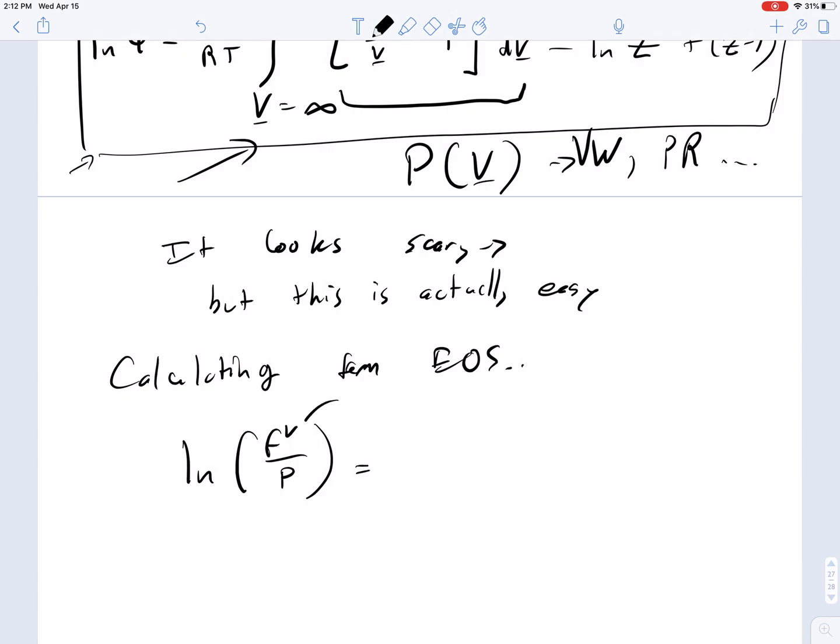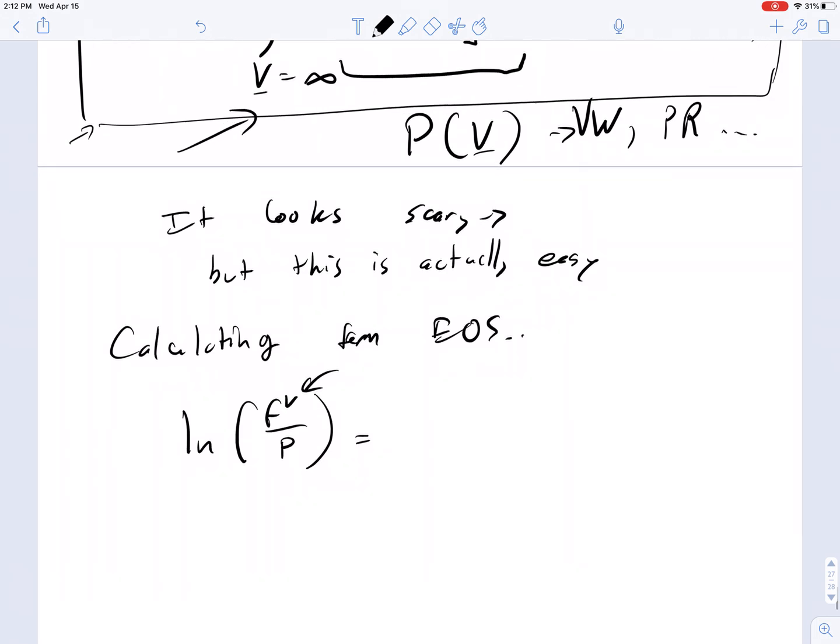You substitute into your equation how you calculate the fugacity in these terms. The equations do get more complicated. So this could be log, if you substitute in, not the Peng-Robinson, the van der Waals.